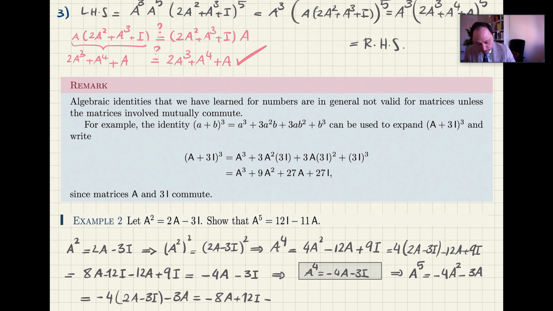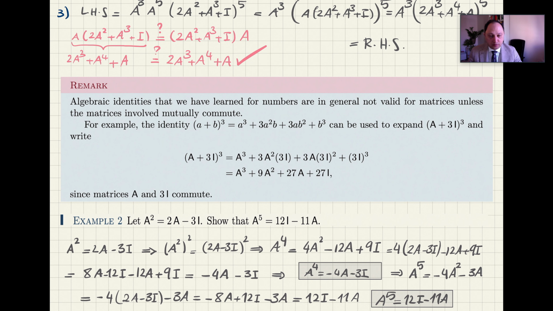I hope that I have done everything right. Yes, it is correct. So it becomes 12i and minus 11a. So this means that finally I got a5 to be 12i minus 11a, and that is exactly what is demanded in the problem. Good. So you see, these problems can also be somehow fun, you know.